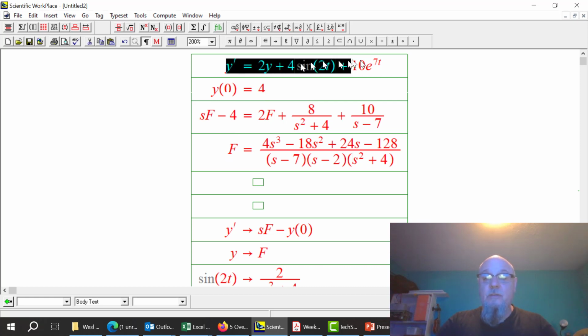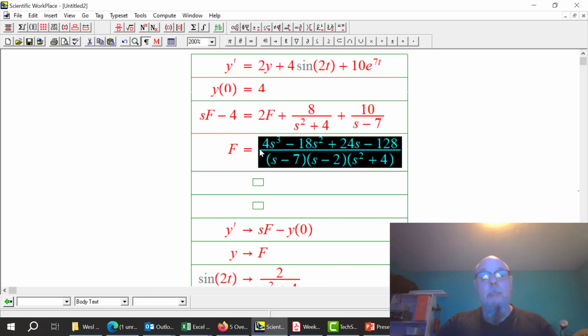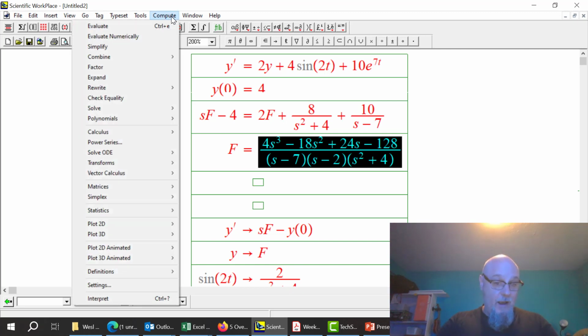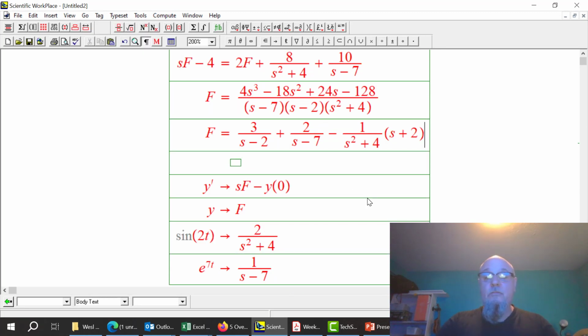We took the Laplace of the entire differential equation using our chart, incorporated the initial condition, then solved for f. Now again I'm going to use the machine to do this quickly, but you would do partial fractions on it. There's the partial fractions. Now let's clean this up a little bit.